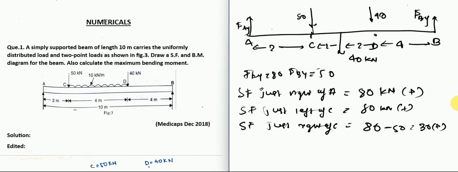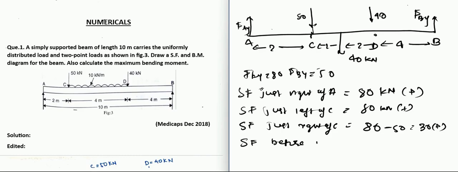So as you can see, there is a 40 kilonewton downward force at this point, which is in the middle. And there is a D, and there is no particular point in between. So let us calculate before D now, because again there is a certain force here.